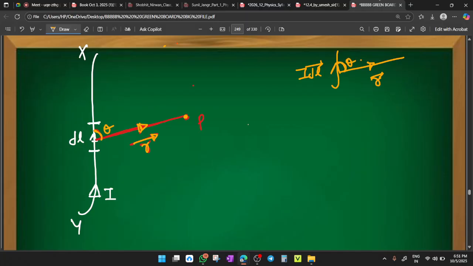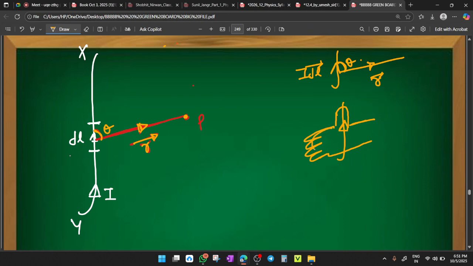Now, the direction of the magnetic field. Stretch your right hand thumb and align your right hand thumb along this dl vector. This is your thumb, right hand. Remember, right hand thumb, and you align it with the dl vector. So your fingers must be here. Clear or not clear?